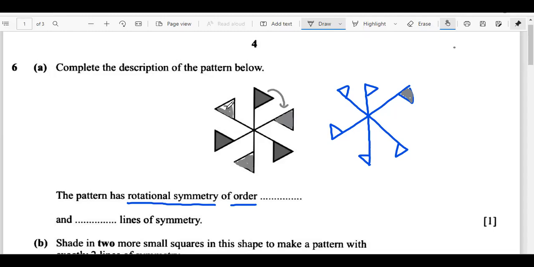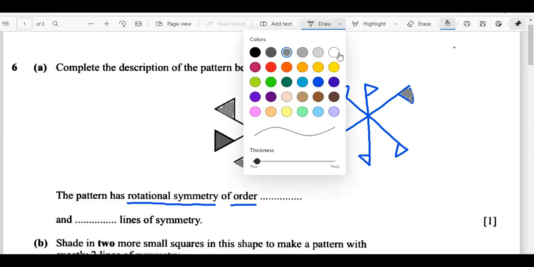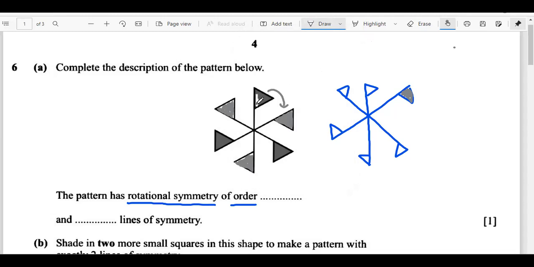And this would be filled. This won't be filled. This won't be filled. And this one won't be filled as well. Okay. So this is the idea.